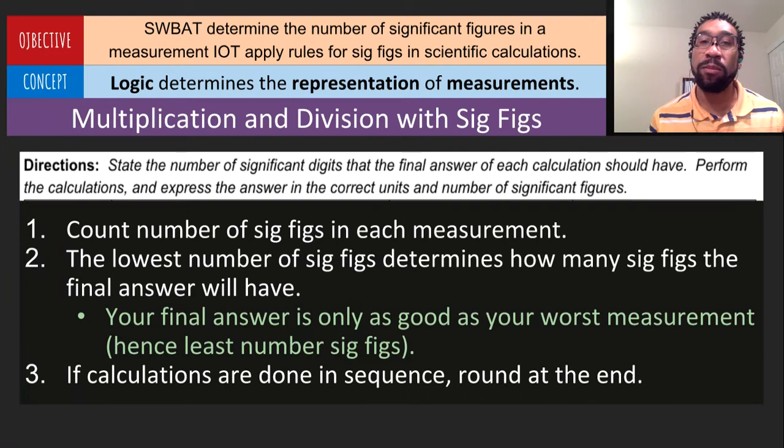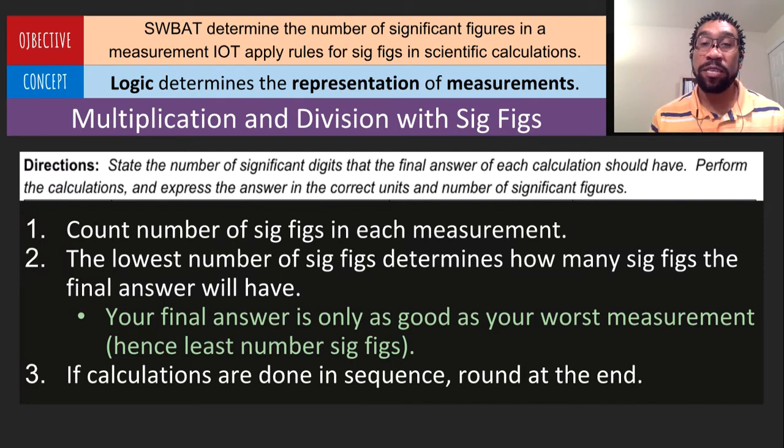3 sig figs, remember sig figs represents the number of digits that are certain and guessed. So a number with 5 sig figs has 4 certain digits and 1 guess, totaling up to 5. While the other one that has 3 sig figs has 2 certain numbers and a guess, totaling up to 3.